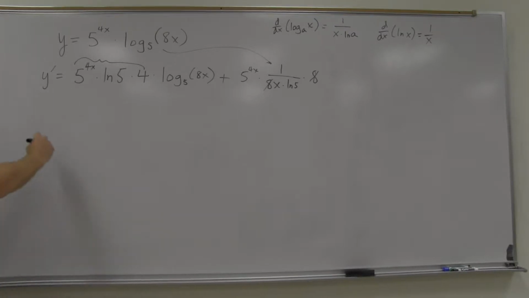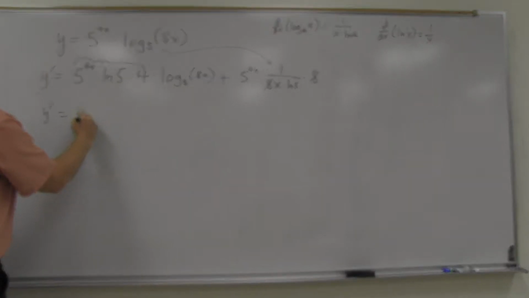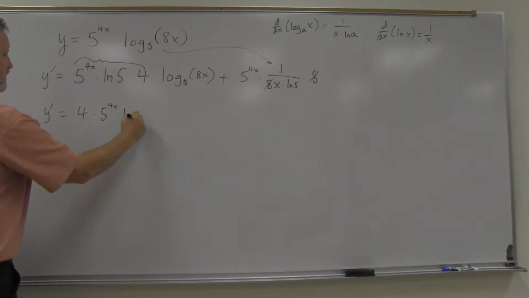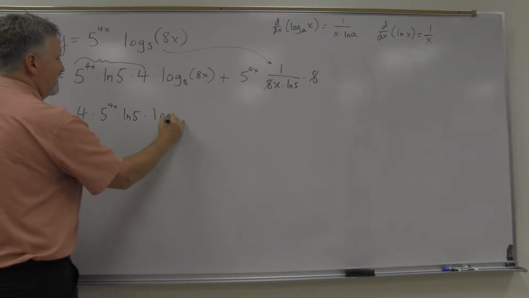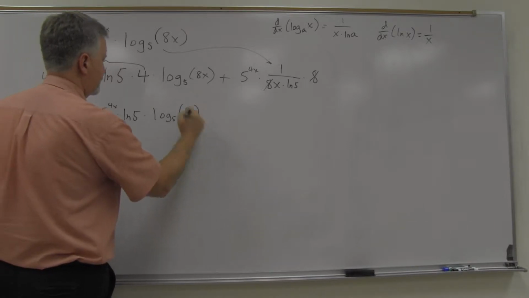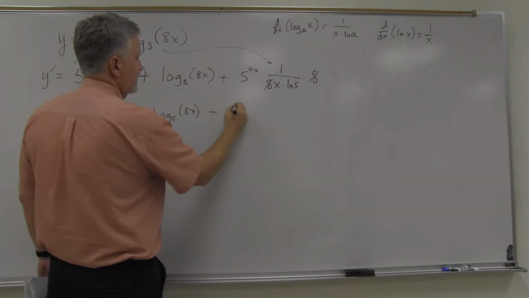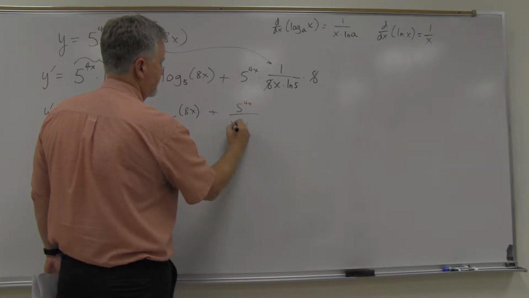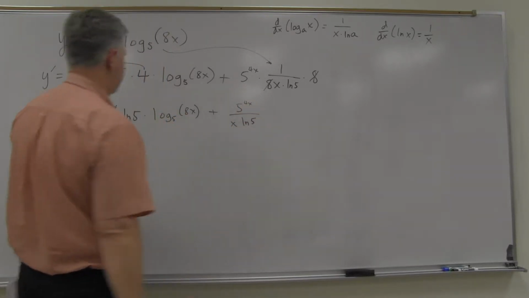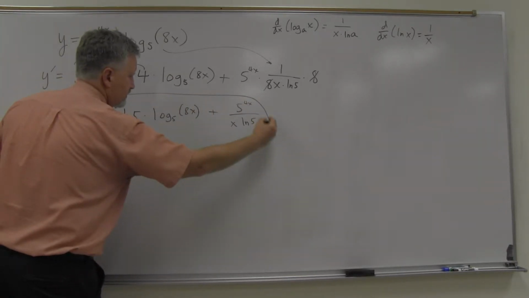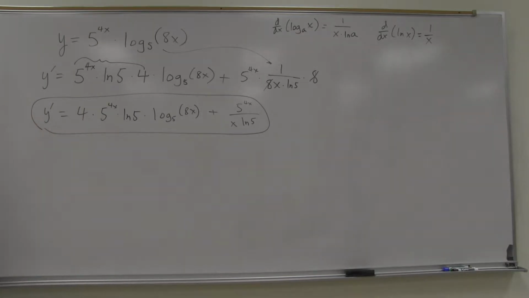They'd probably write the 4 first, so I'm going to rewrite it: 5 times 5 to the 4x times natural log of 5 times log base 5 of 8x, plus, how are you going to write this, 5 to the 4x over x ln of 5. Maybe there's some more we could do to clean that up.